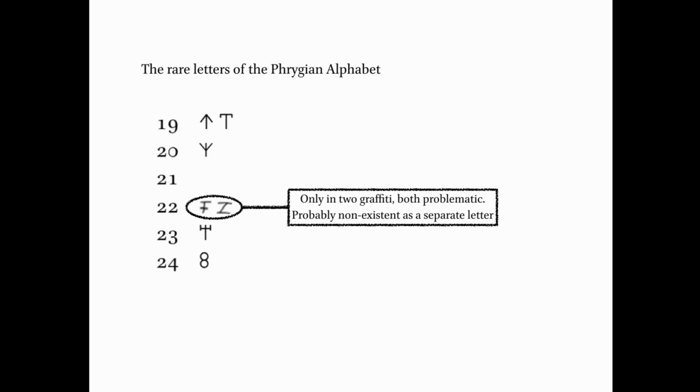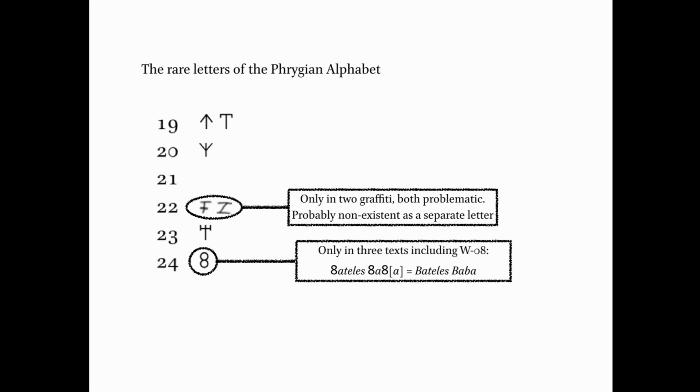And probably it's just a non-existent letter. On the other hand, this sign, again, is attested in a very small number of texts, including one quite clear case where it renders definitely simply b, as found in other instances.